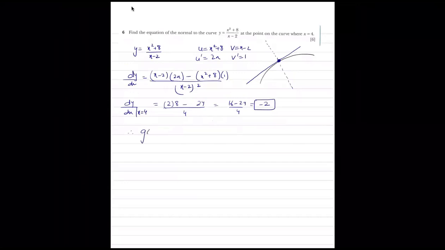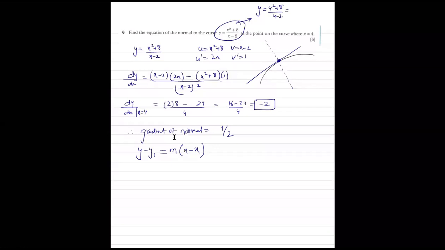Therefore, the gradient of the normal is going to be 1 upon 2, using the concept m1 times m2 equals negative 1. Now for the equation, I just need one more thing, that is the coordinate. So in the equation, when x is 4, y is going to come out as 12.